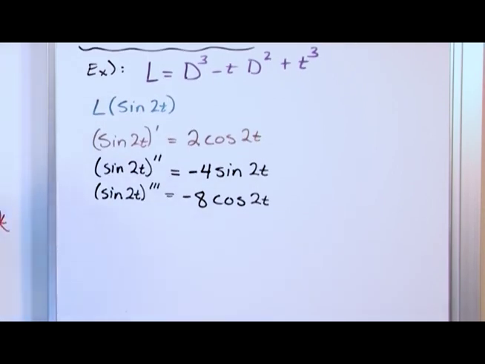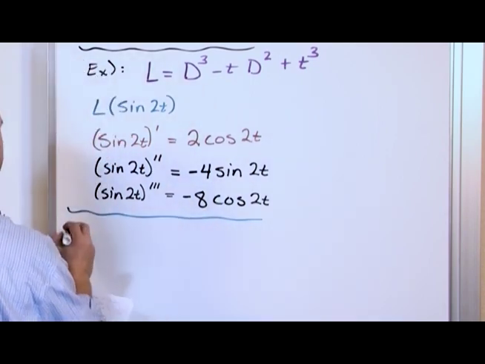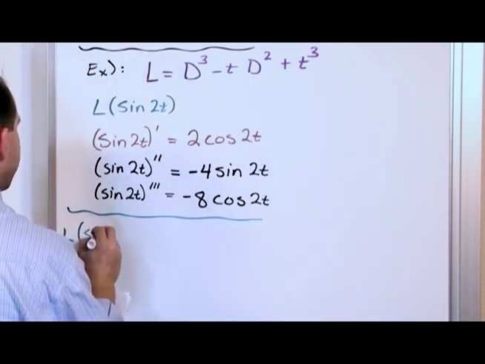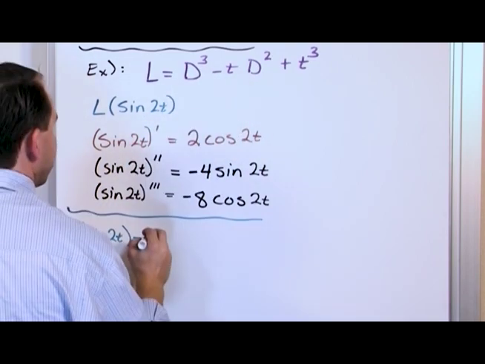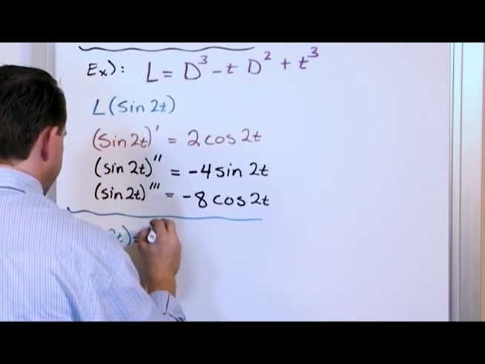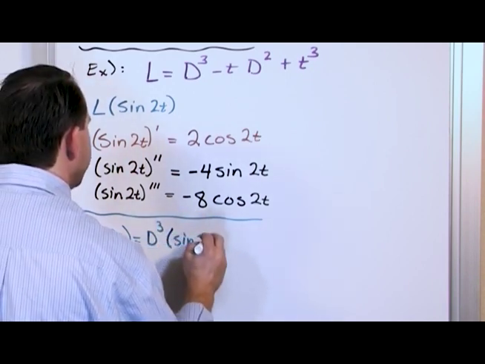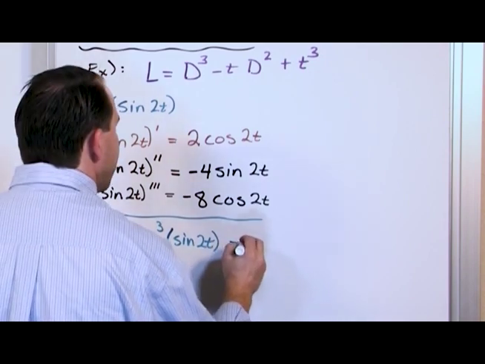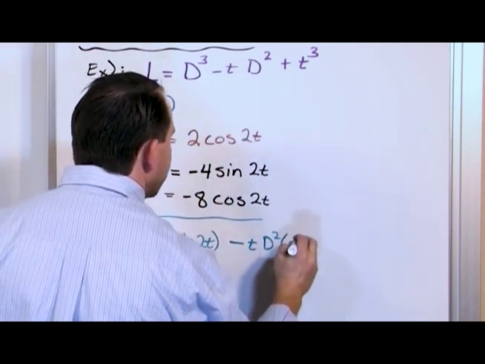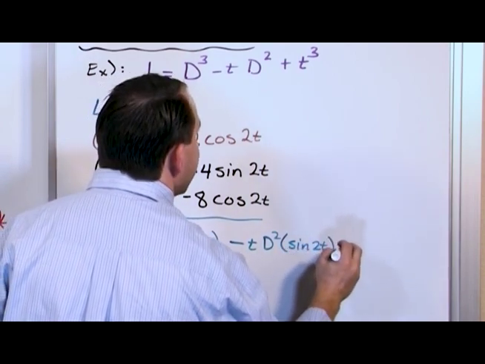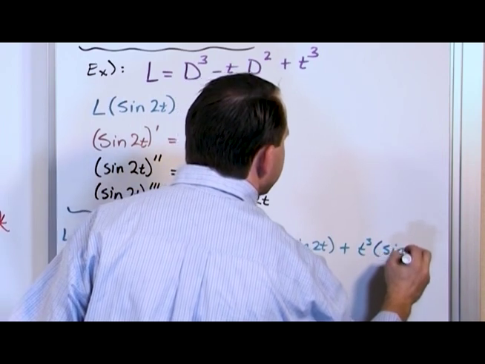So what I'm going to need to do at the end of the day, just to write it all out, L of sine of 2t is going to be equal to, this is the differential operator, so I'm going to have d cubed operating on sine of 2t. And then I'm going to have minus t, this guy, d squared operating on sine of 2t. And then I'm going to have t cubed times sine of 2t.